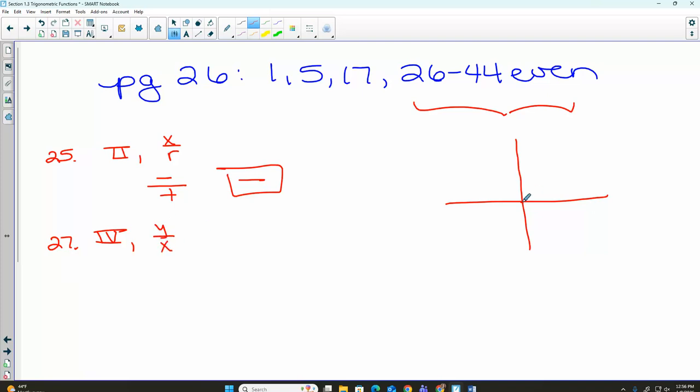If you're in quadrant 4, is y positive or negative? Negative. And x is positive, so your answer is negative. Okay, so 26 through 44 are not huge long questions. You're just telling positive or negative for those.